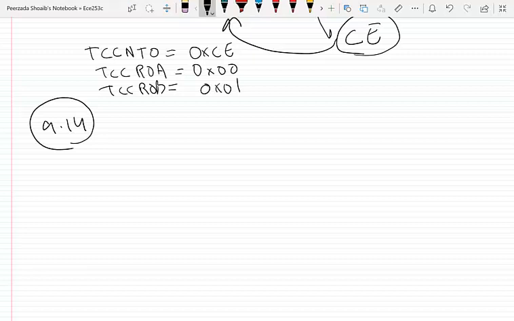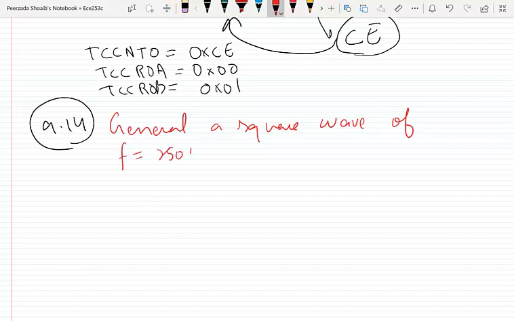I have to generate a square wave of frequency equal to 250 hertz and 25% duty cycle on any of the pins, maybe PB3 again.